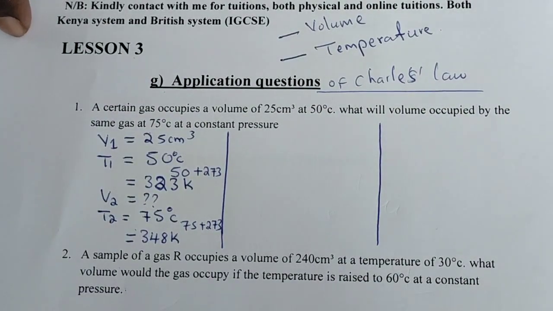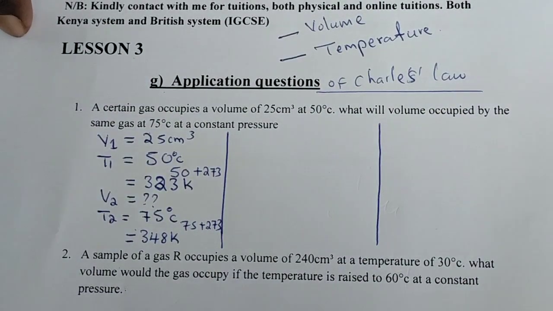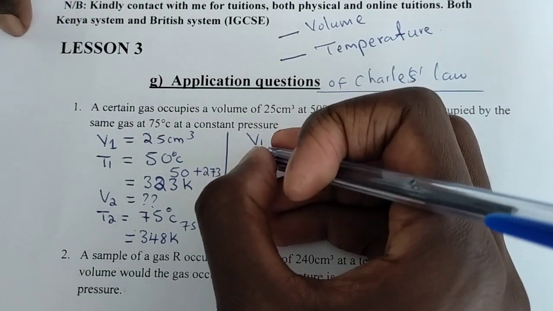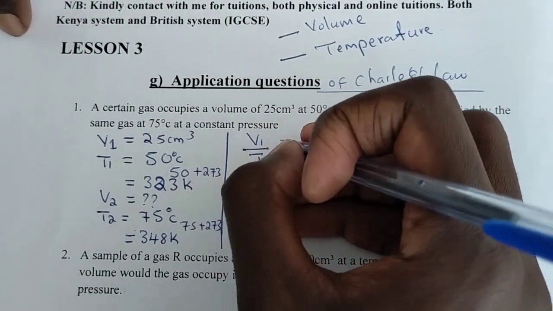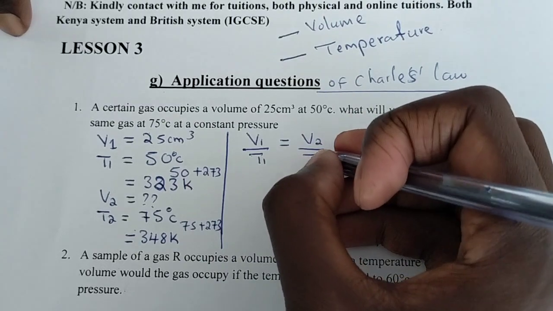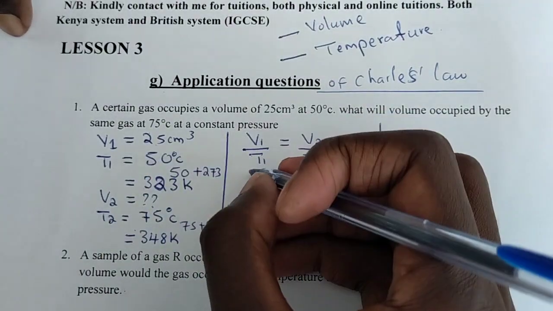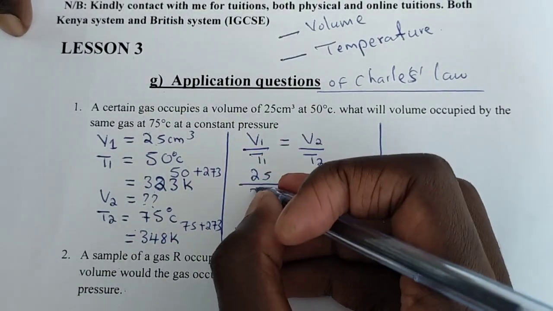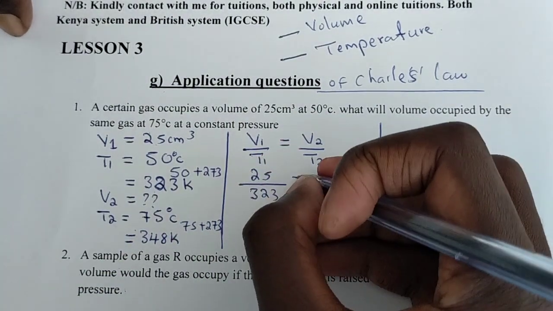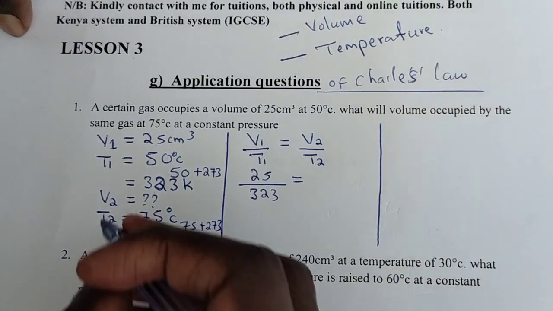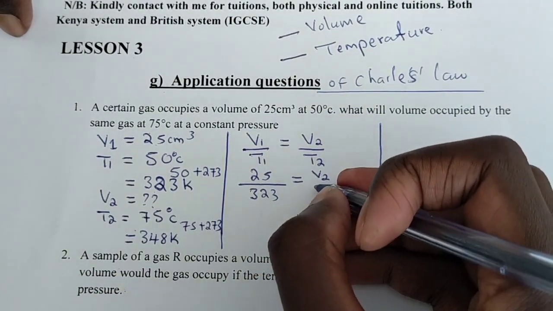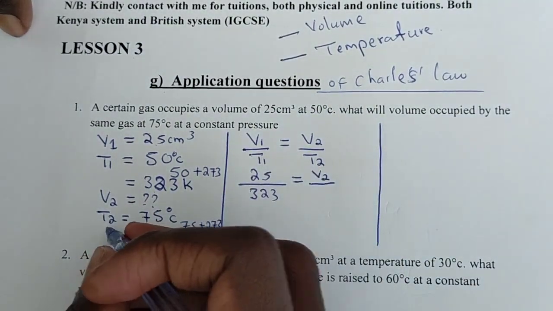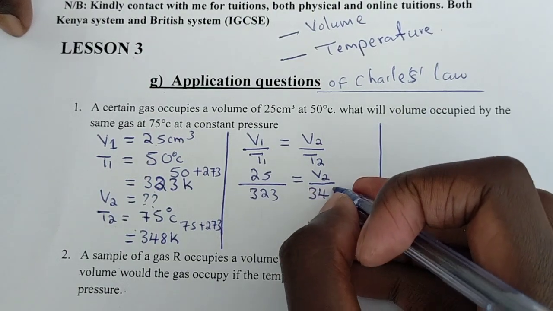Let's do our calculation. The formula for Charles law, we said, is V1 over T1 equal to V2 over T2. Our V1 here is 25 over T1, which is 323. The temperature that we take is supposed to be in Kelvin. V2 is the volume that we're calculating. Temperature 2, we have 348.